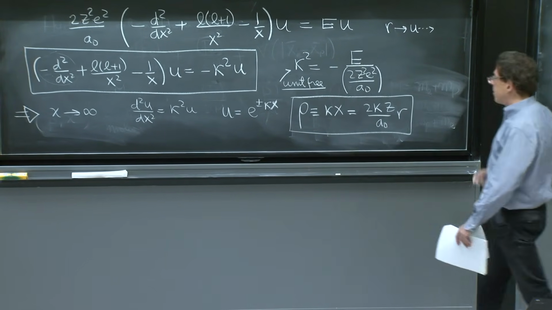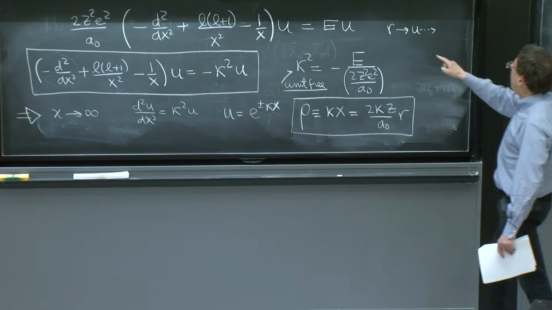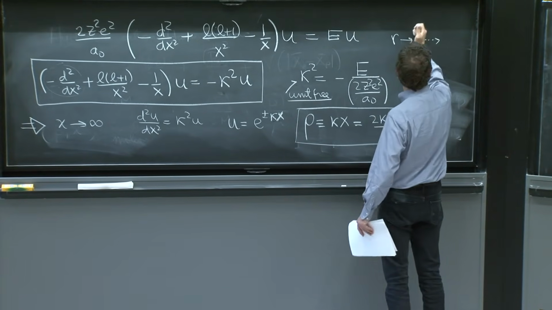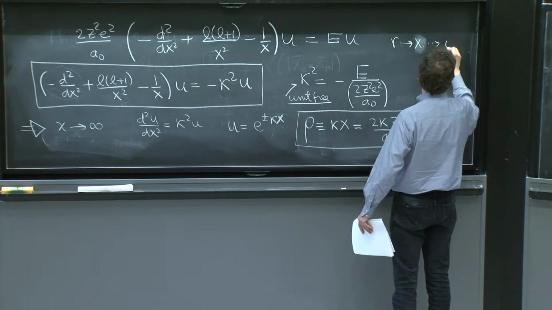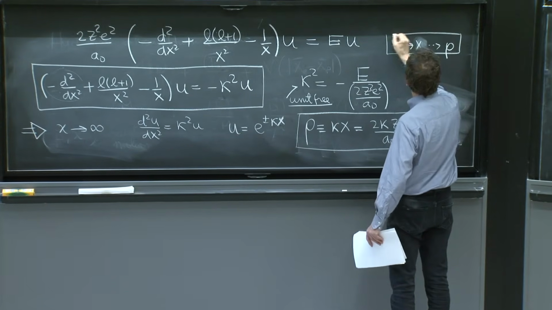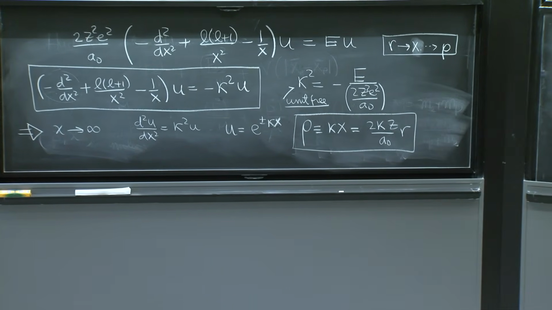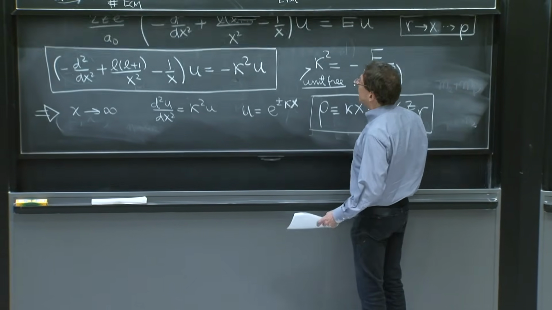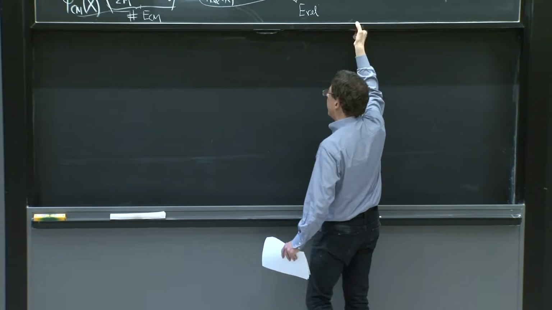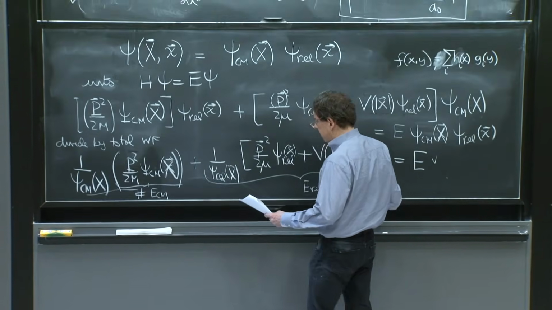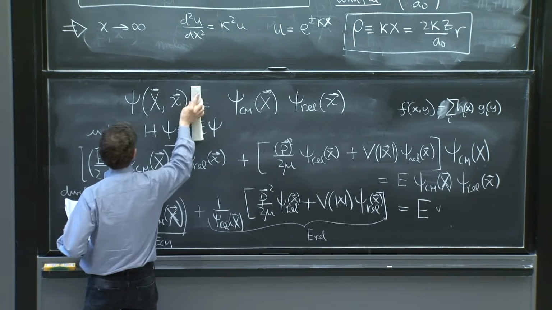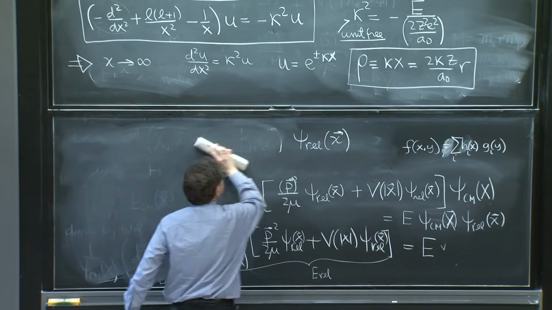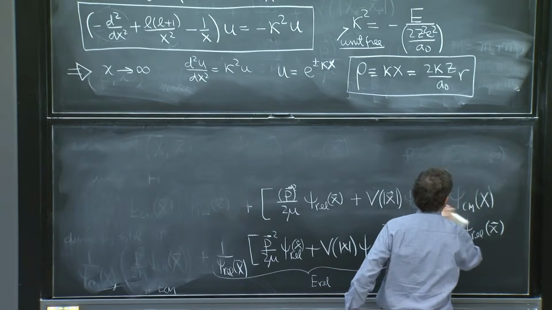So rho is going to be my new coordinate. So from r, we've gone to x, and now we've gone to rho. A new variable over here. So what happens to the differential equation? Well, it's going to be a little better, but in particular, the solutions may be a little better. But here it is.